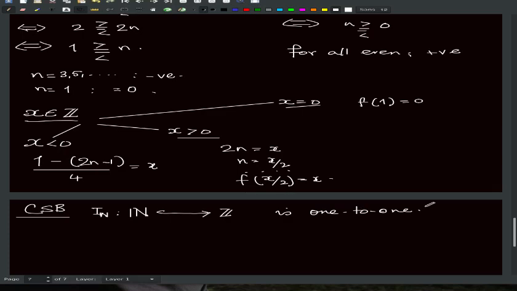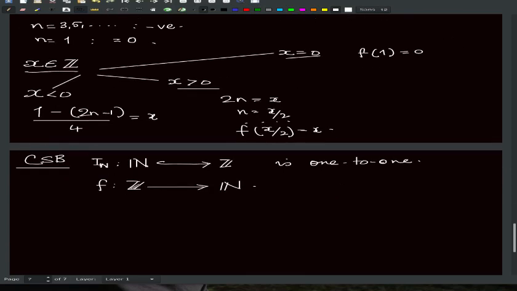Correct? I have to produce another injective function. Okay.